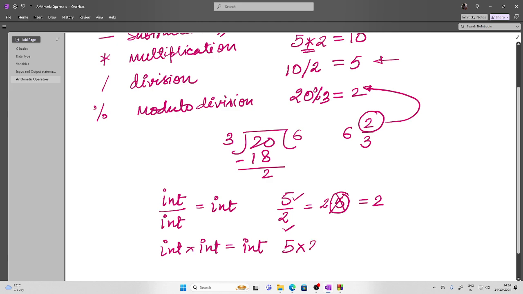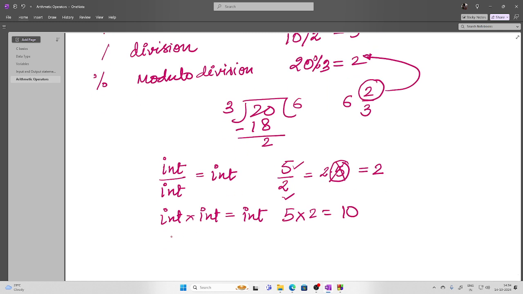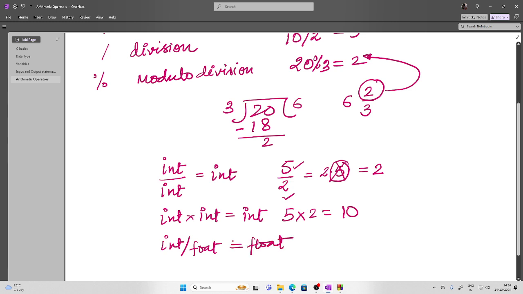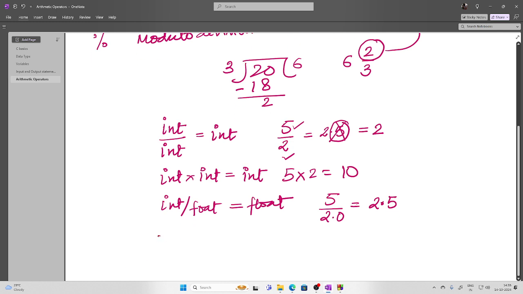So 5 into 2 will be 10, not 10 point something. Likewise, if you divide one integer by one float, this will return a float value. For example, if I divide 5 by 2.0, this now will return 2.5. Likewise, if you divide a float by a float, again you will get a float value. So 5.0 by 2.0 will be 2.5.